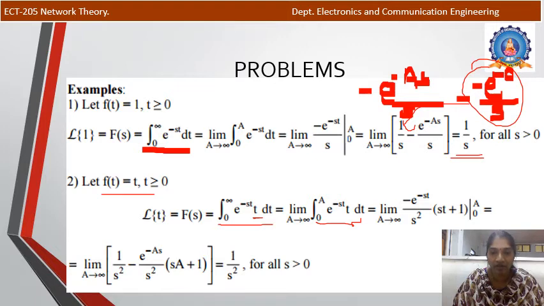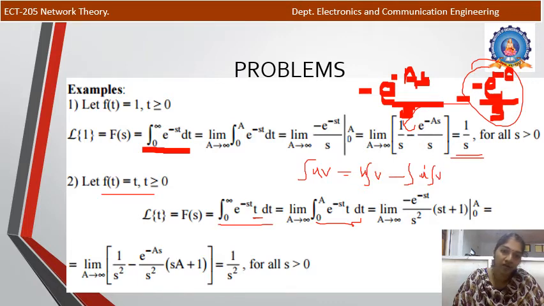That means integral uv is equal to u into integral of v minus integral of u dash into integral of v.